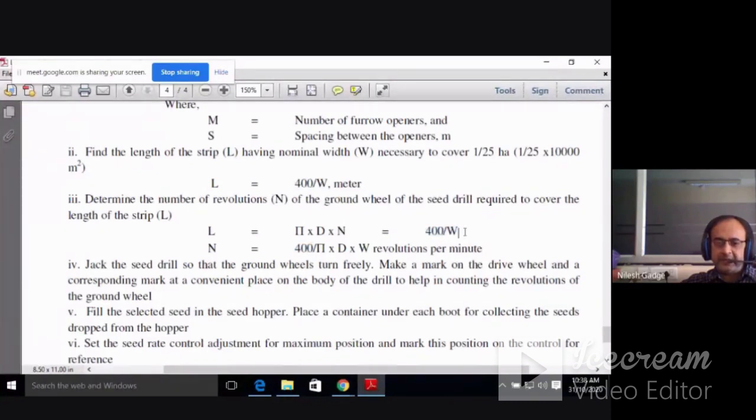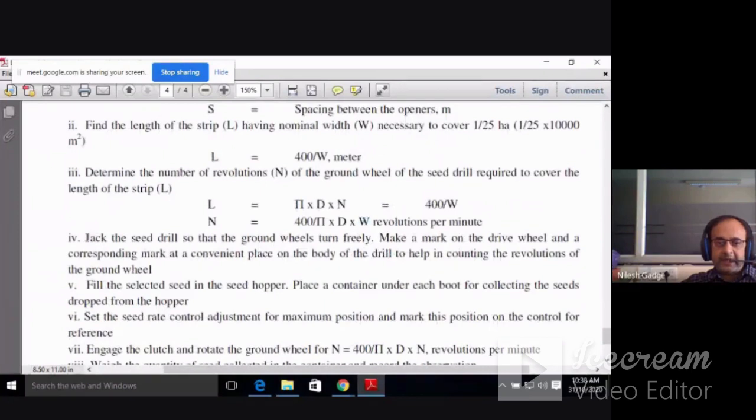By chance it comes as 400, so we have only multiplied by pi d. If we don't know what W is, we have to put the W here. So the number of revolutions can be calculated by this formula: 400 divided by pi multiplied by d, this is the circumference, and it is divided by this width.